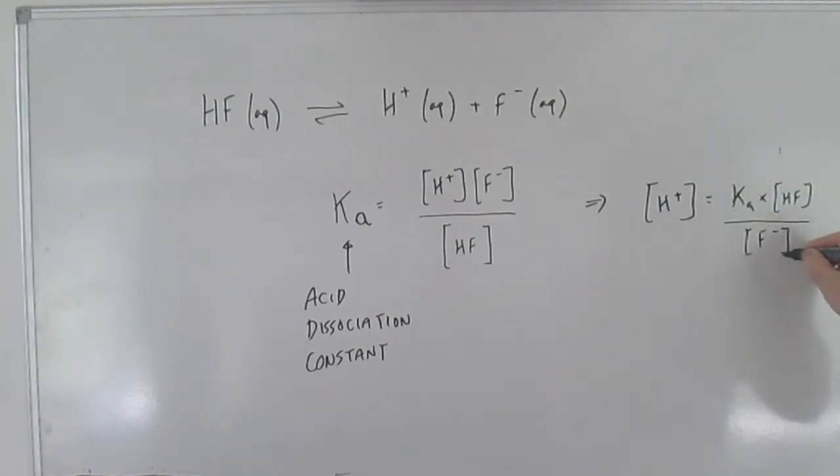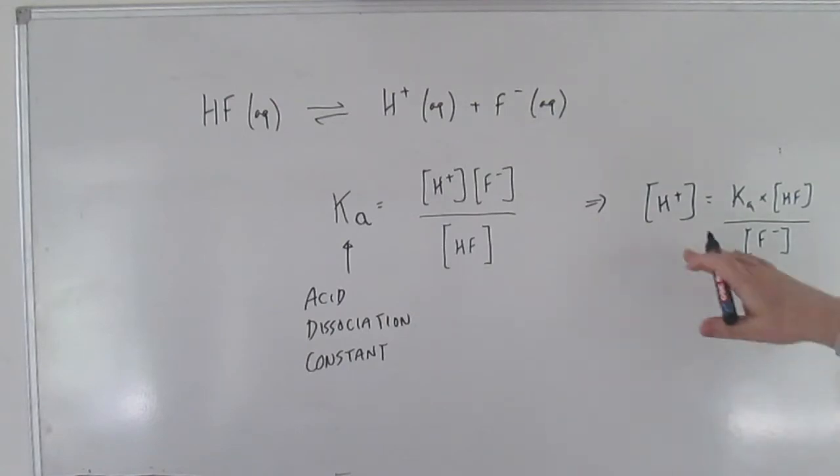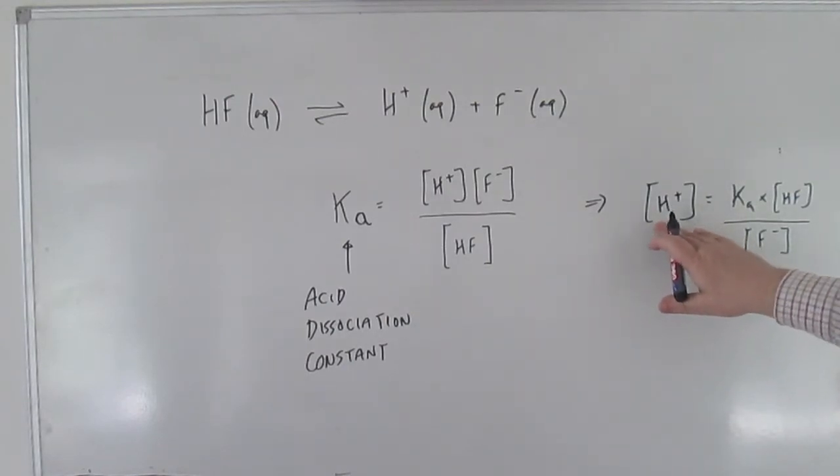So that seems simple enough, but the problem is there are too many things we don't know there. Because this is what we're trying to find, but in order to calculate it, we'd have to know these three separate numbers, and that's the difficulty.